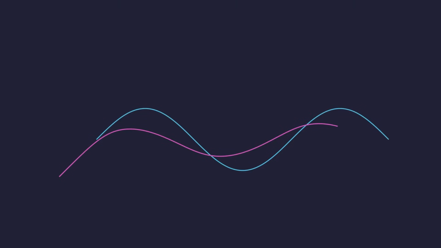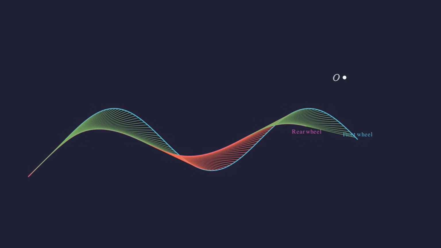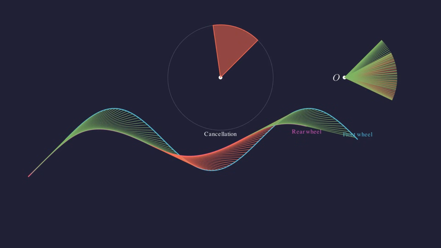But the real beauty of visual calculus comes when we don't know the equations of our curves. Consider the paths of bicycle wheels. The area between them has positive and negative contributions. The negative areas and the positive areas cancel out, leaving a partial circle.